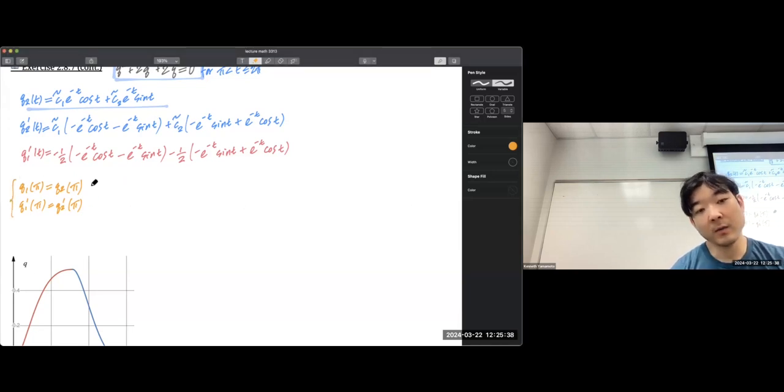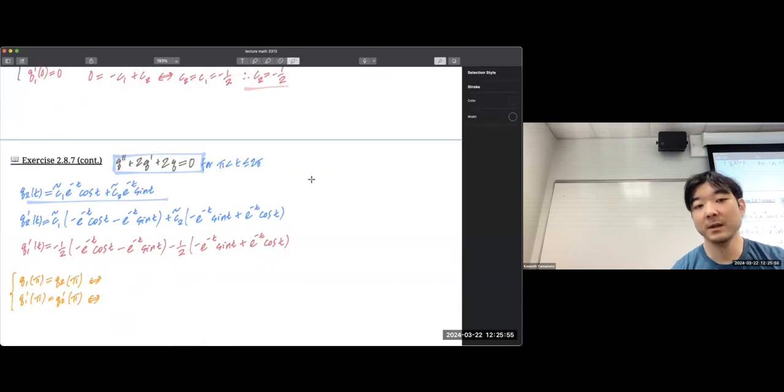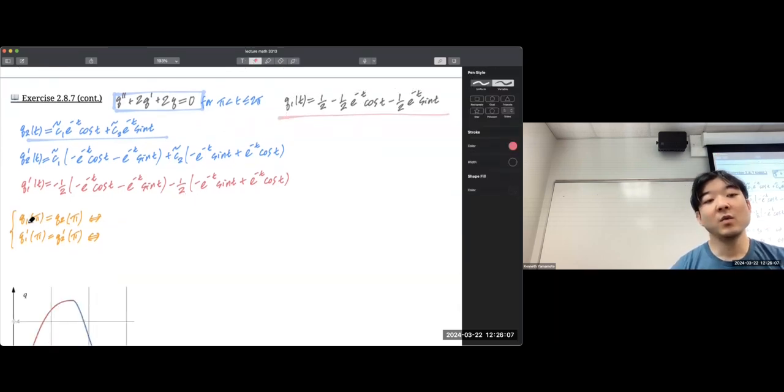Let's look at what each of these means. I'll use colors here again. Maybe it'd be worth copying Q1 so that you see what it is, so I'll paste it here. Q1 at pi means plugging in pi into this.